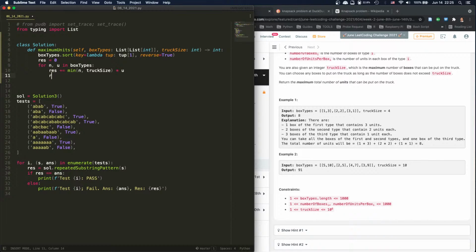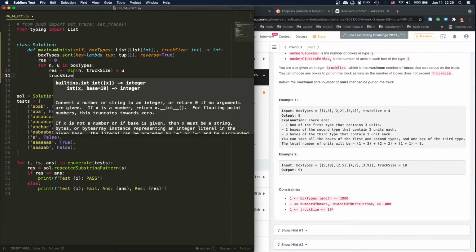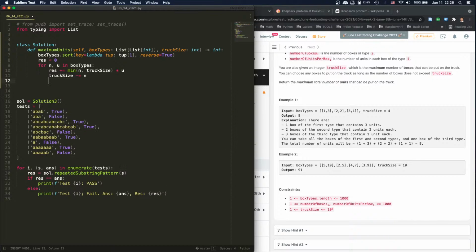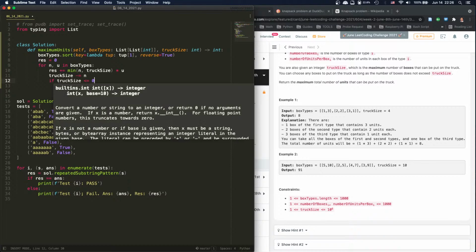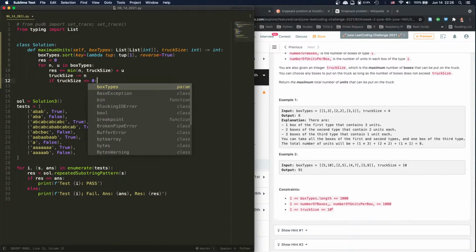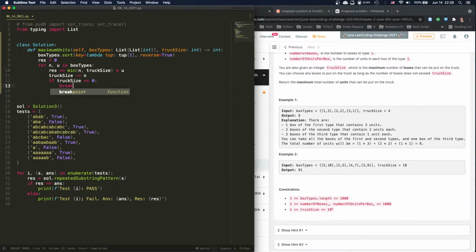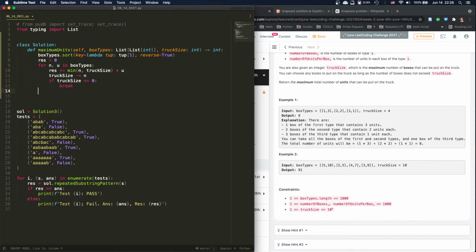And then truck size minus equal to n. If truck size is smaller or equal to 0, then we break. And then we return res.